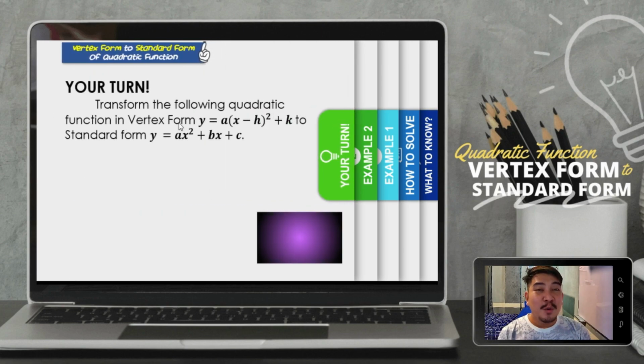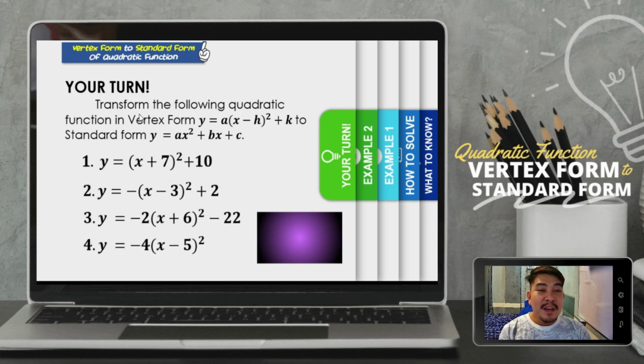So now it is your turn. You need to transform the following quadratic function written in its vertex form to its corresponding standard form. The following items are given. You may pause the video for a while and try to answer the following. The next slide will be for the answer key.